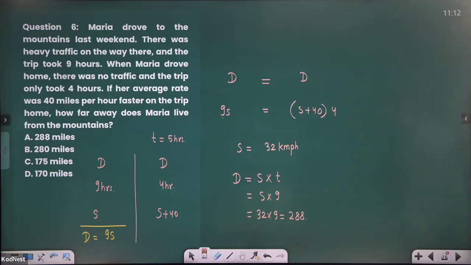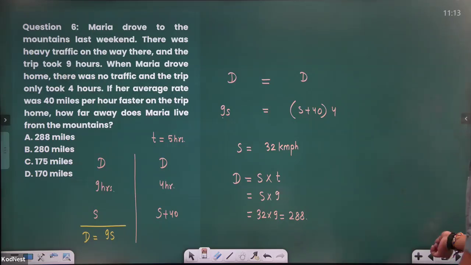So can I say distance equal to 9 into s? Can I say yes? Okay. Second column: distance is d, time is 4, speed is s plus 40. So can I say distance equal to s plus 40 into 4? Yes. And both the distances are same, so you can equate it.